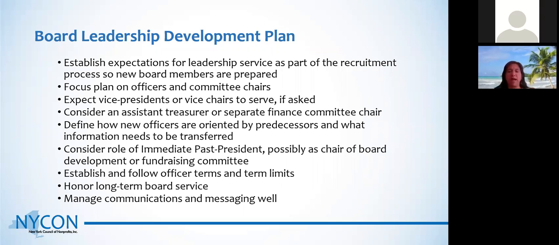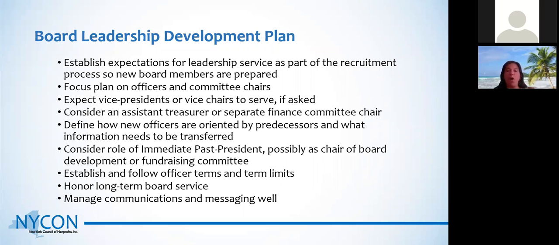A committee chair can perhaps become an officer. I mentioned this earlier, having maybe an assistant treasurer, or having the chair of your finance committee not be the treasurer so that they can grow into that position.